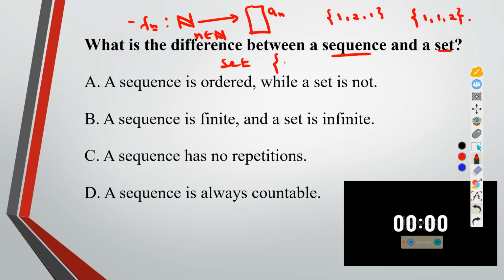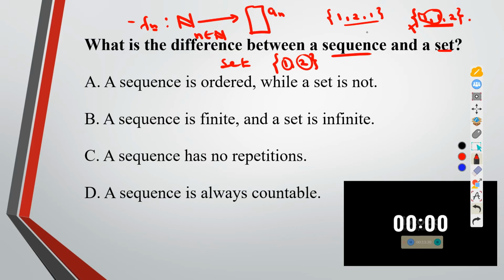For example, the set {1, 2} and the set {1, 1, 2}. Instead of writing it like this, you can write it like this. What is important is the membership. So having 1, 1, 2 and having 1 and 2, you don't even need to repeat that. So these two sets are the same, which is not the case for sequences.